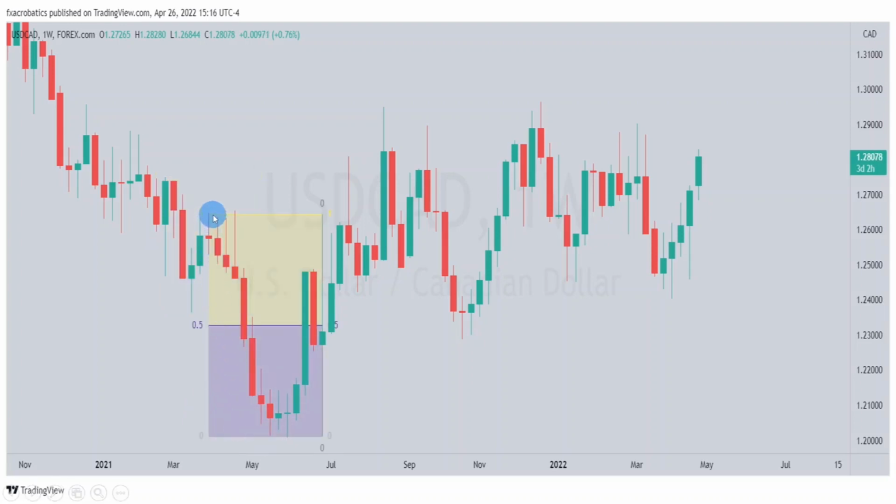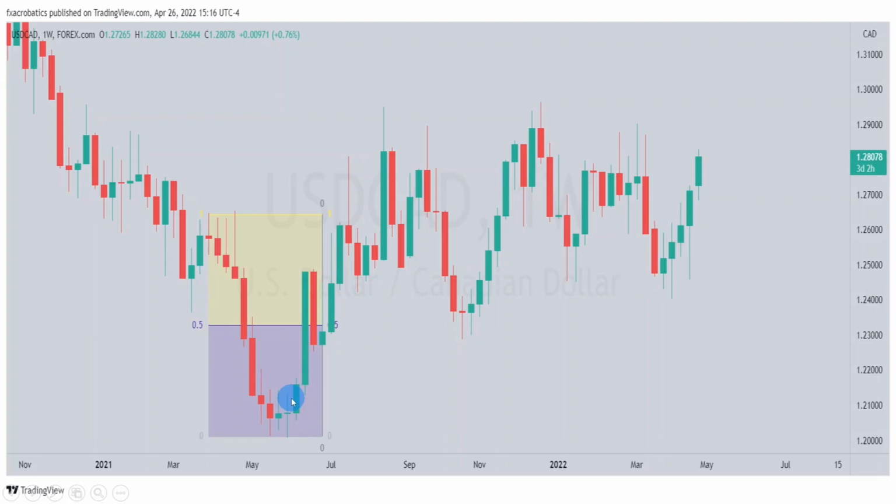Let's have a look at another example right here. From this high to this low, that's your dealing range. Ideally you want to place your buys below this equilibrium point, so price is cheaper here. The idea is that price is now oversold, so ideal buys can occur here.